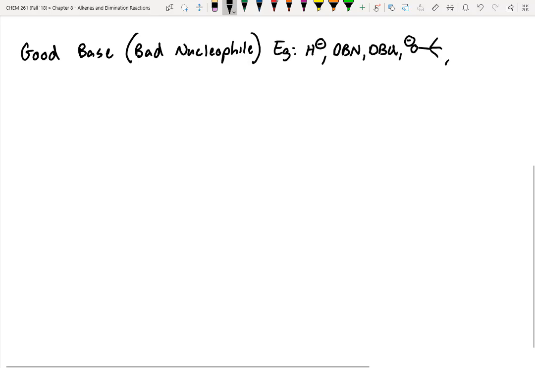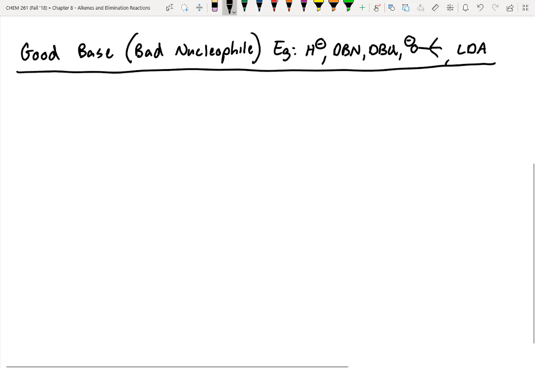It had another acronym. It had two isopropyl groups coming off of it. It was called LDA, lithium diisopropyl amide. So really all of these are examples of things that don't want to act as a nucleophile. Does this mean that we're likely going to do elimination or substitution? Elimination.